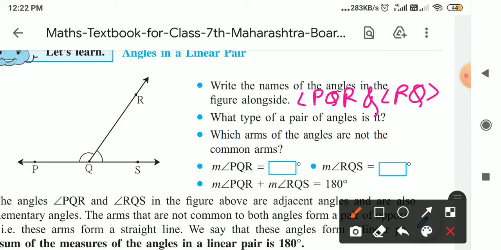What type of pair of angles is this? Now if you see here, according to the definition, there is one common ray in between these two angles PQR and RQS. QR is the common ray. The common vertex is Q, and the interior portions of both angles are different.